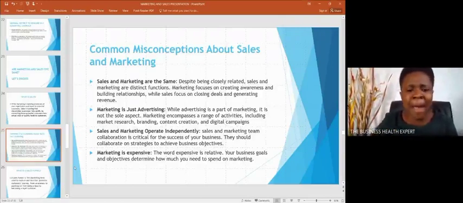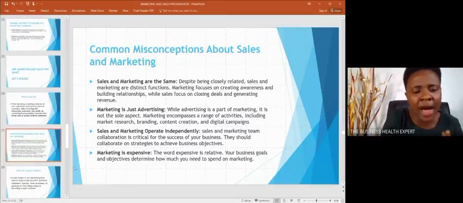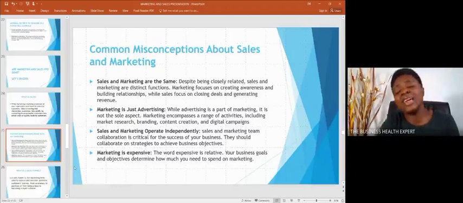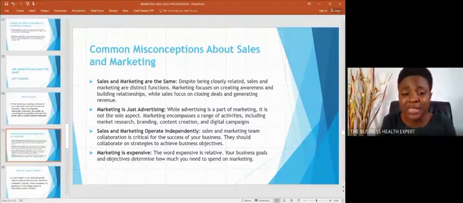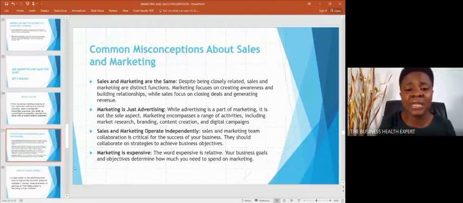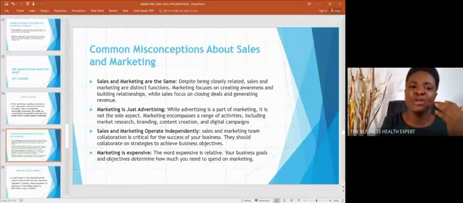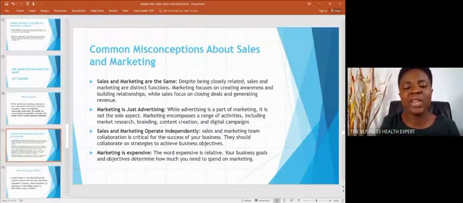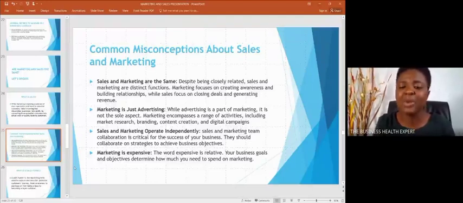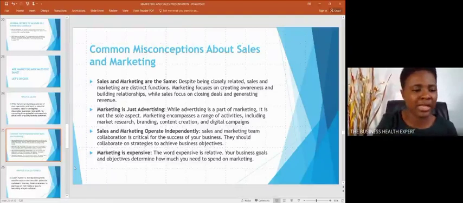But you can hear Jumia saying they spend 10 million naira in a month, and people say wow, 10 million naira. That's not expensive, because look at the people they are reaching, look at the revenue they are generating. So saying marketing is expensive is not right. Rather, we need you to understand that the word expensive when it comes to marketing is relative. Your goals and your objectives determine how much you need to spend on marketing.